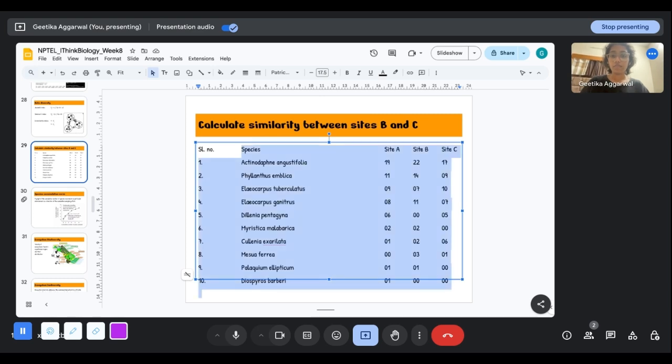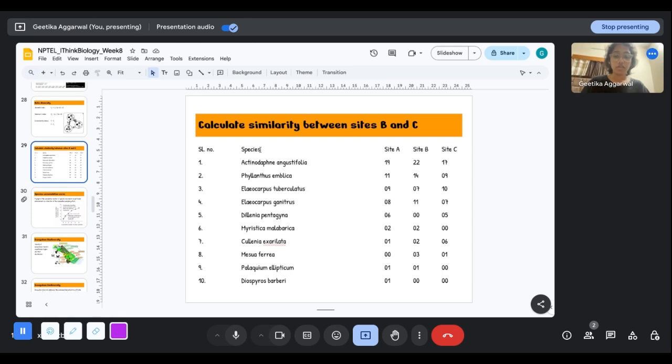Okay. So I can write this information down for you guys. We have 10 species out of these 10 species, in sites A, B, and C. So we have site A, site B, and site C. And we have 10 species, right?